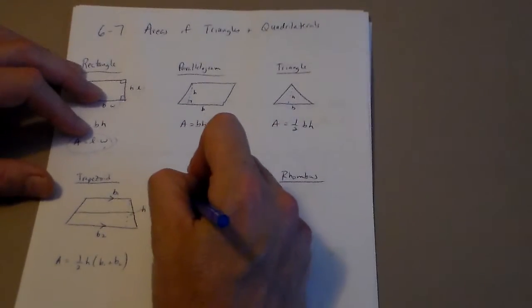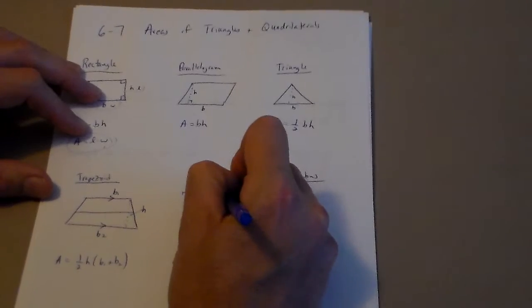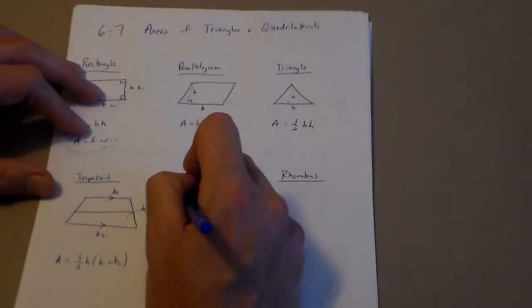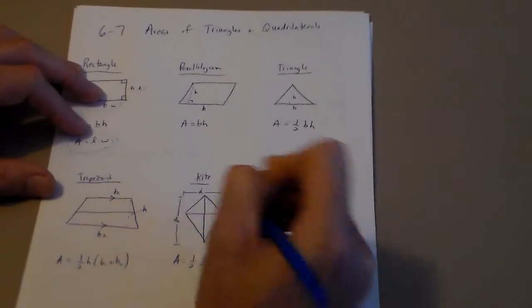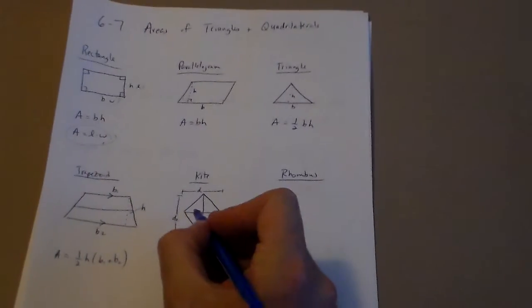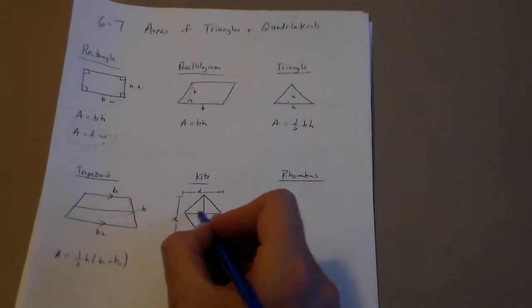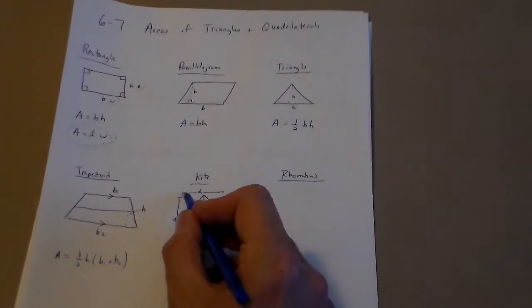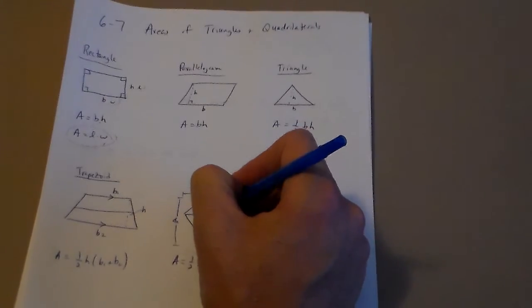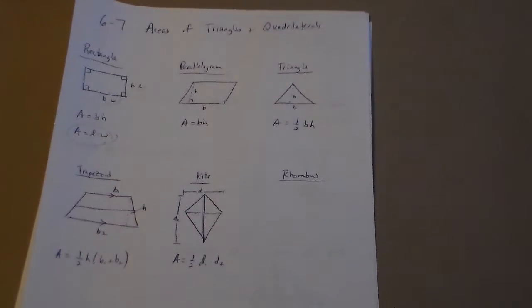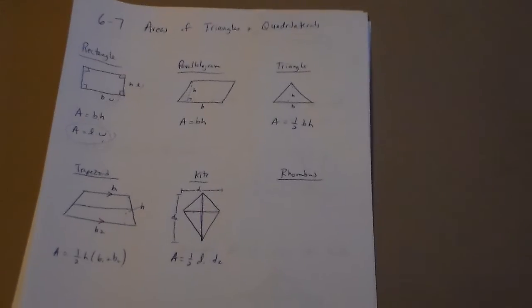From here to here would be one diagonal, and then from here to here would be the length of my other diagonal. So if they give you measurements here, you would have to add this measurement and this measurement to find the whole thing. And you'd have to add this measurement to this measurement to find that whole thing. Okay, and that's your formula for area of a kite.